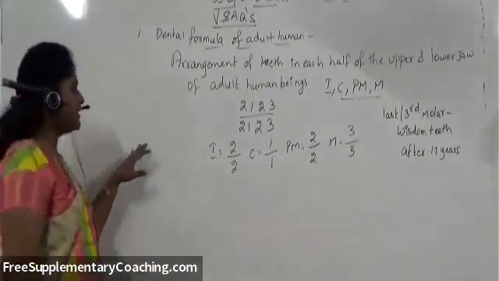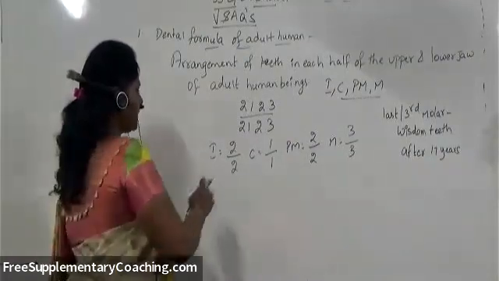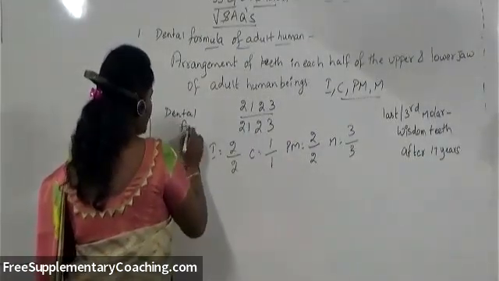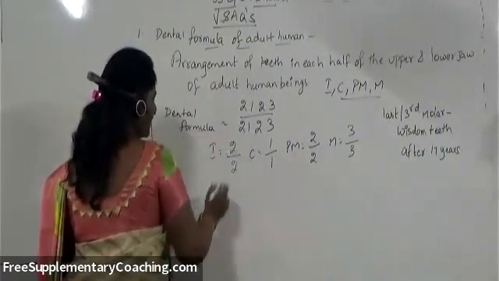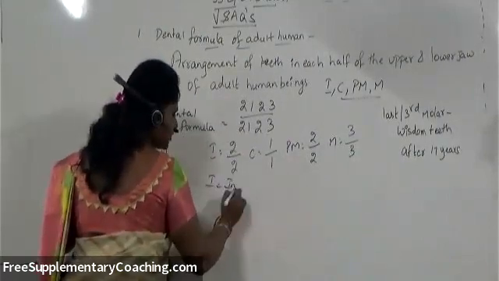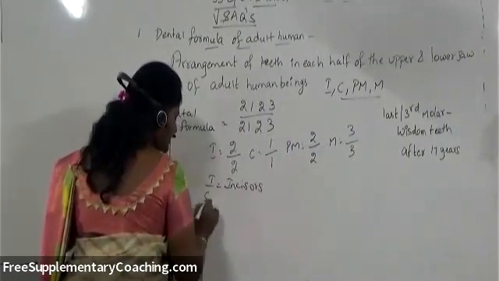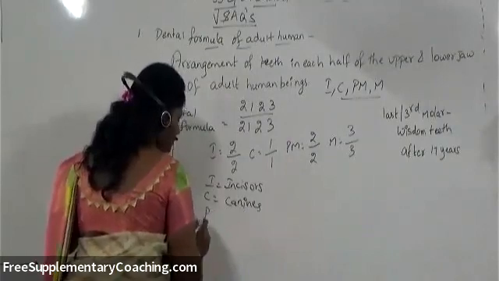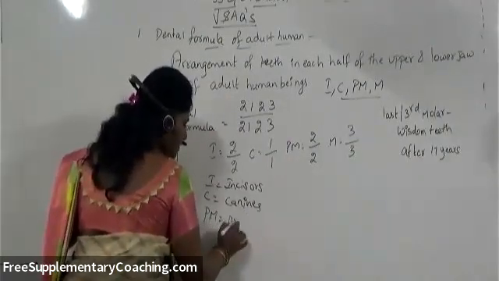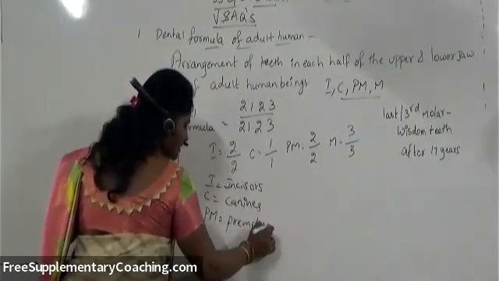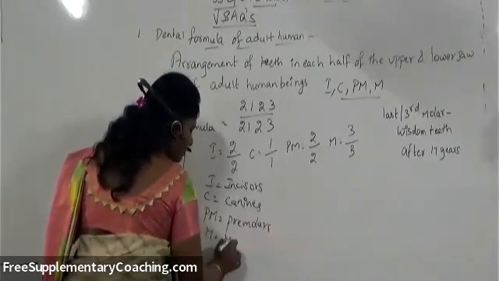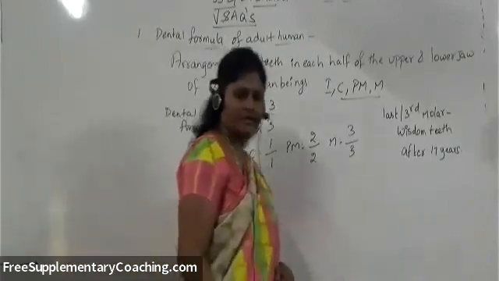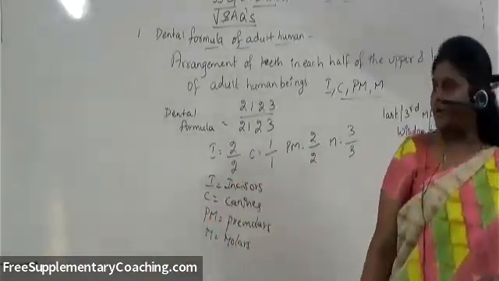So the dental formula of adult human beings is 2,1,2,3 by 2,1,2,3, where I is incisors, C is canines, PM is premolars, and M is molars. So this is the first question's answer.